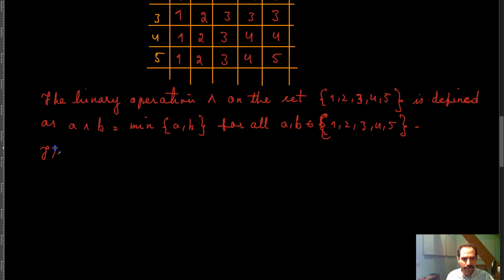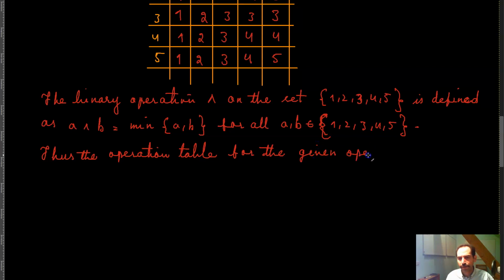Then you can say that thus the operation table for the given operation minimum can be given as above, as this table basically.